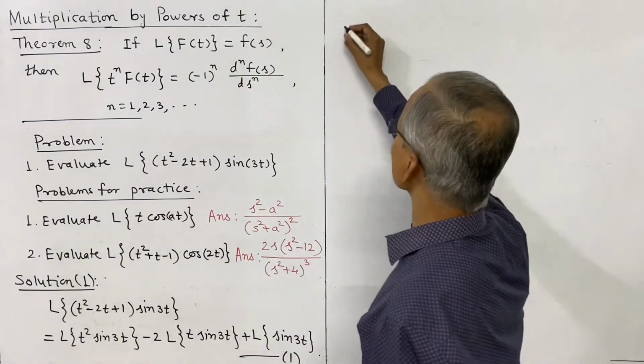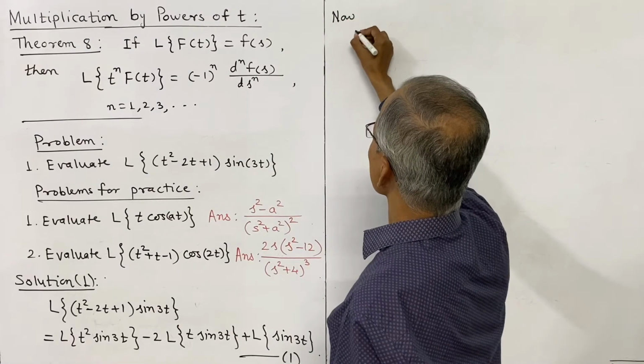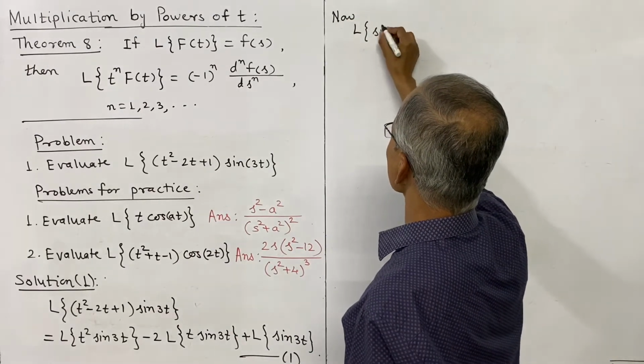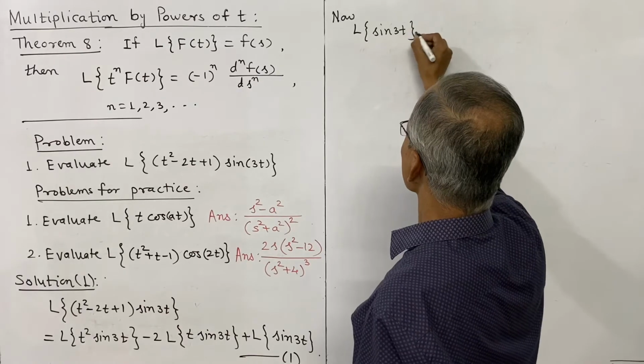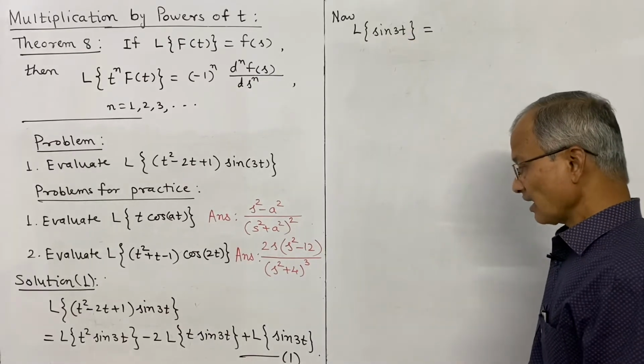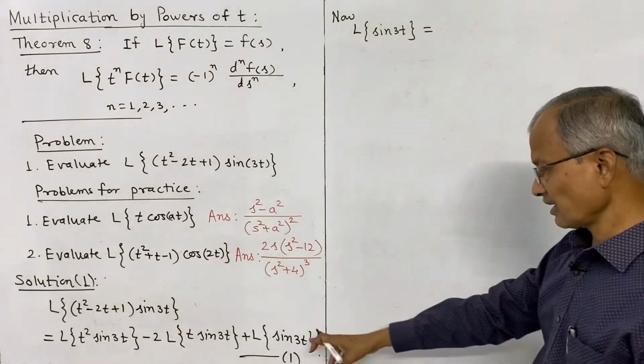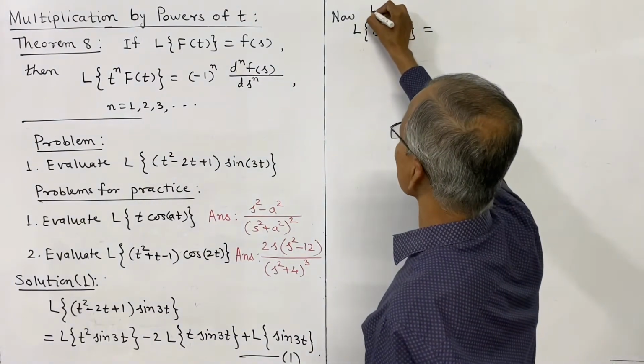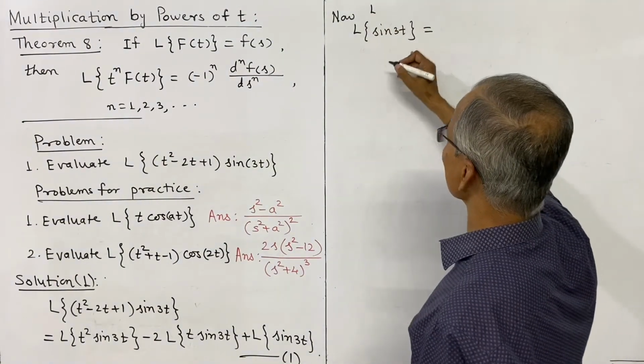Now we have L of sine 3t, and that we shall consider, or we may take this as f of t. Let f of t is equal to sine 3t.